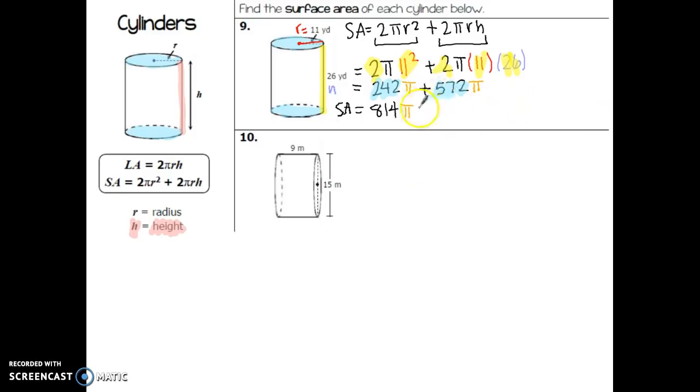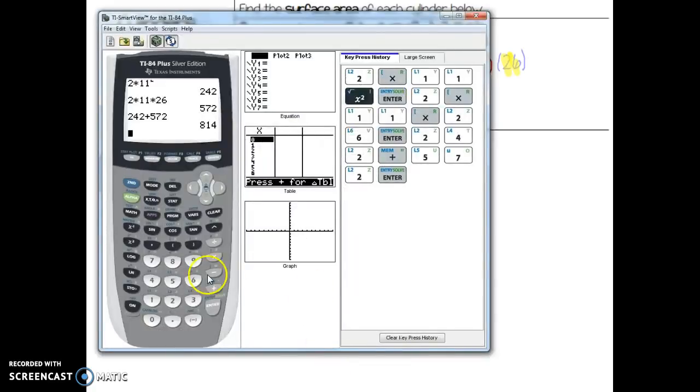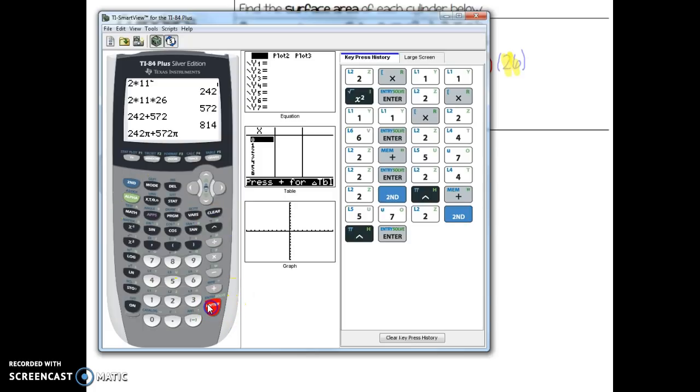But if it does tell us to round, then we're going to have to find it with our decimal. So in that case, we'd say 242 pi plus 572 pi. Click enter. And if we look, our original answer was 814 pi.